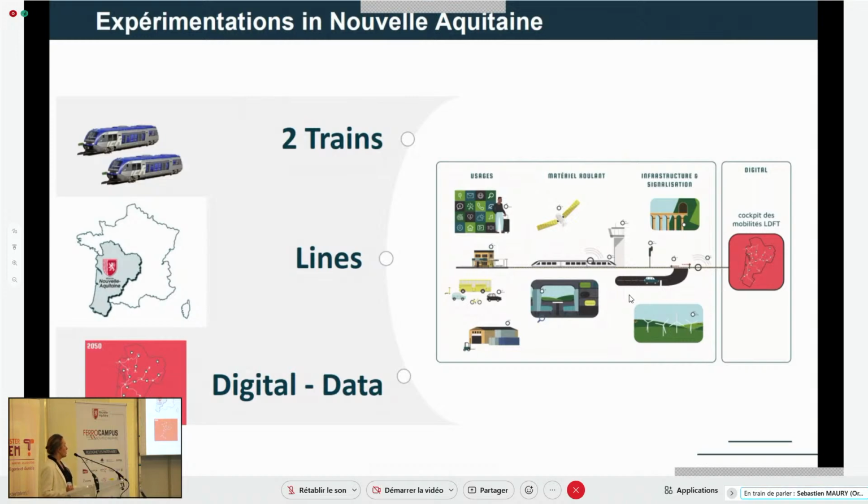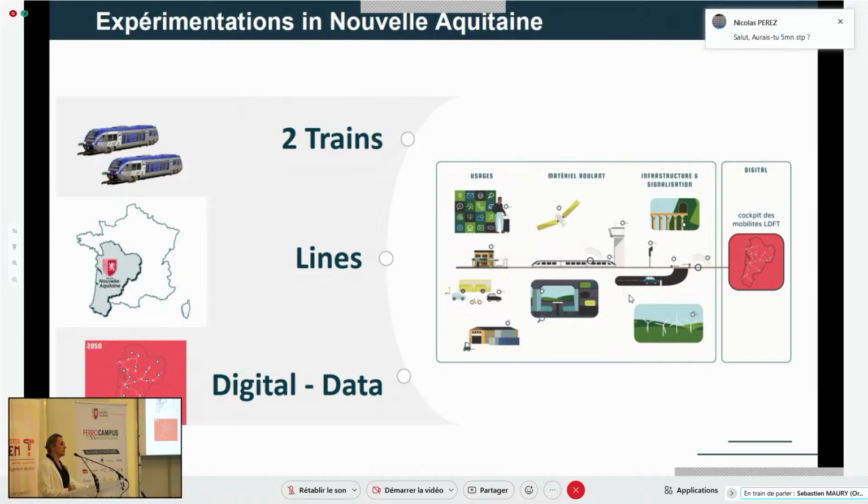One is supposed to have regular transportation activity with passengers, so no huge innovation in it, maybe just observation of infrastructure, or geolocalization, or other experimentation in real conditions.